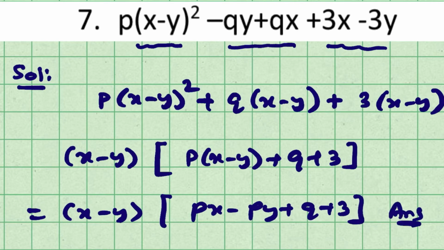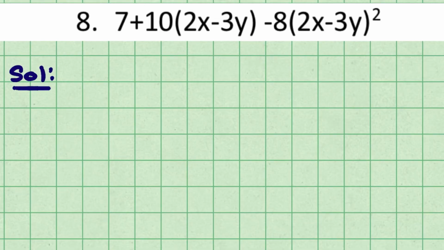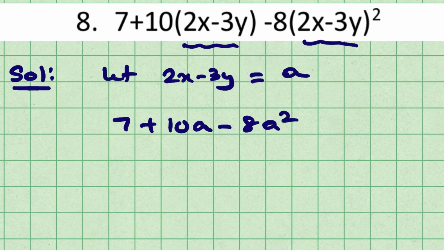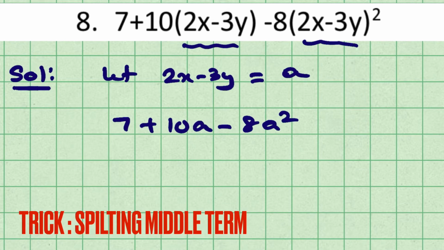Let's try question number 8 now. We have already done similar types of questions. This is clearly given 2x - 3y, 2x - 3y. So let's start by taking 2x - 3y as a new variable, let's say a. Therefore the equation converts to 7 + 10a - 8a square. In order to factorize it, I'll use splitting the middle term.